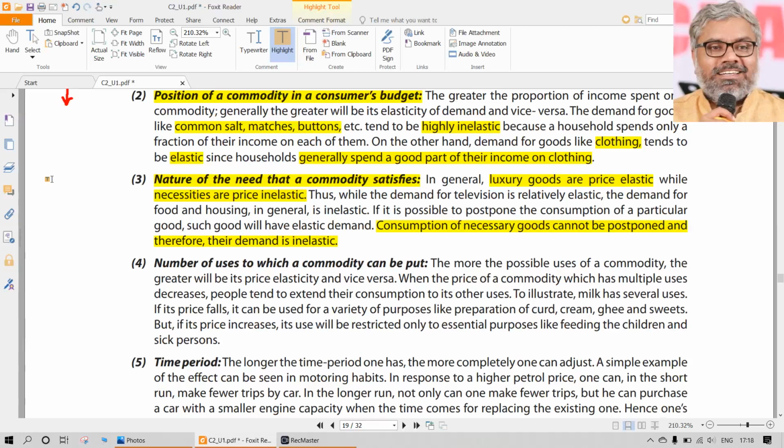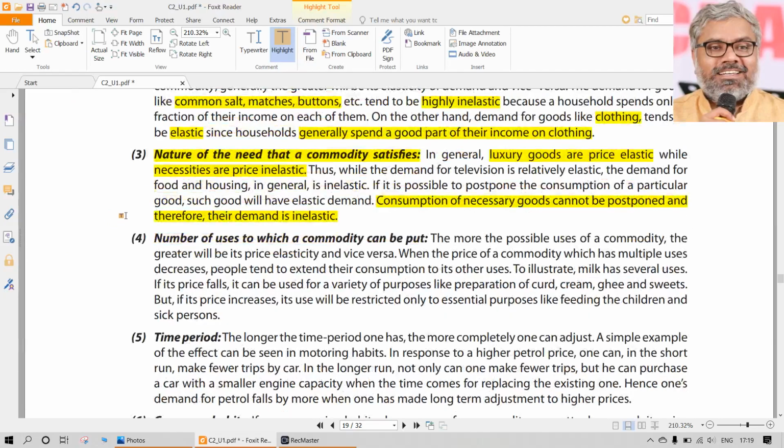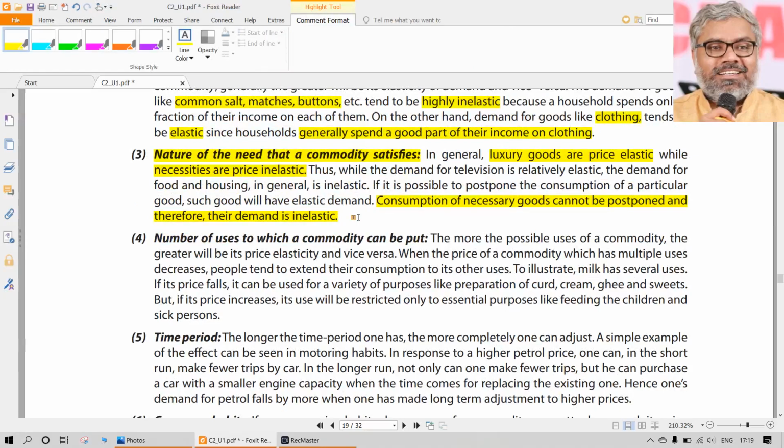But somewhere it will be more elastic, less elastic, highly elastic, very less elastic. Somewhere between 0 to 1 or more than 1 will be there. Completely zero is not possible for practical purposes. So if you say inelastic here, don't take it literally. Inelastic here means less elastic, is what I meant to say. We have to take the essence of that.